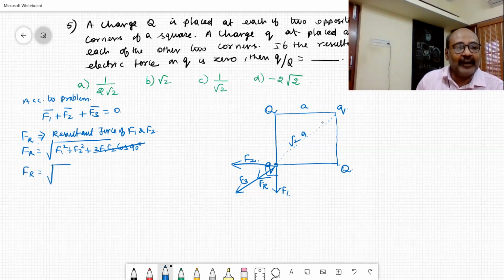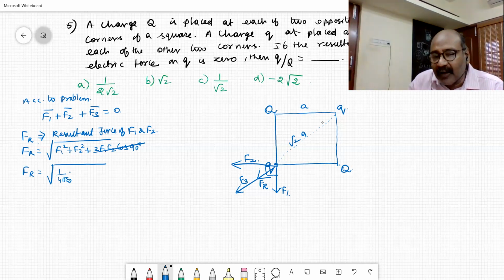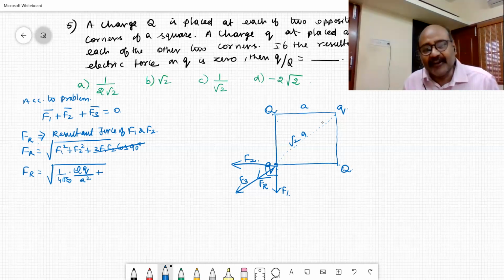Fr will be equal to the root of, what is F1? F1 is 1 divided by 4 pi epsilon 0 into one charge capital Q, the other charge small q, divided by the square of this distance, a square, plus F2.